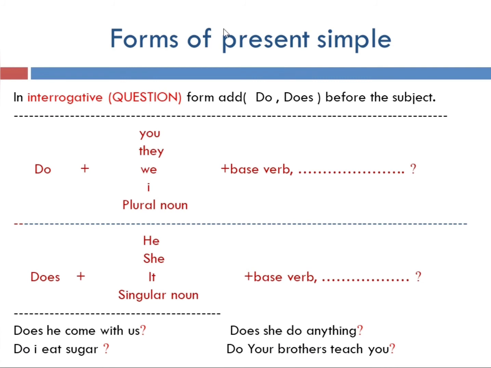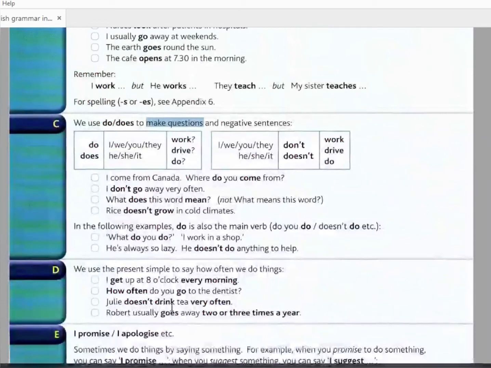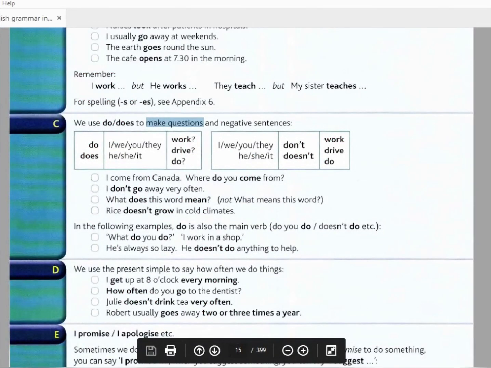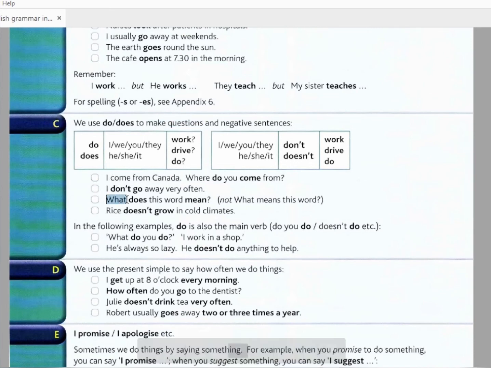So let's see what we have. This was all about the forms. We will have three forms: affirmative, negative and question form. Let's go back to the book. See this example. This is the question form.